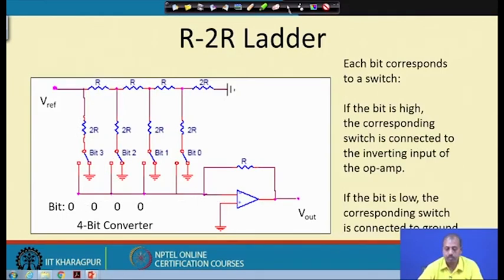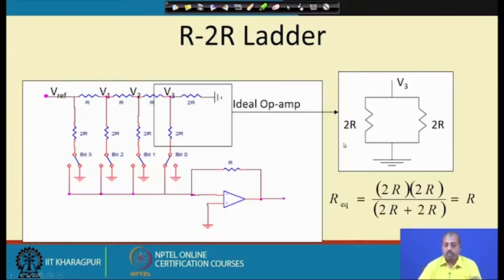Now, let us see how it works. If you look at this part, there is a 2R, so these two resistances are in parallel. So, R equivalent is equal to R for this part.